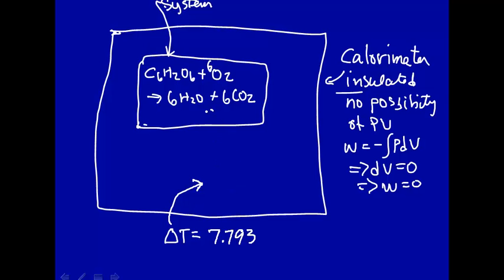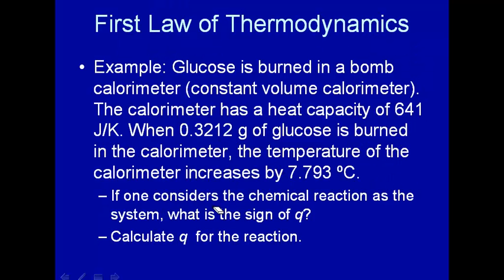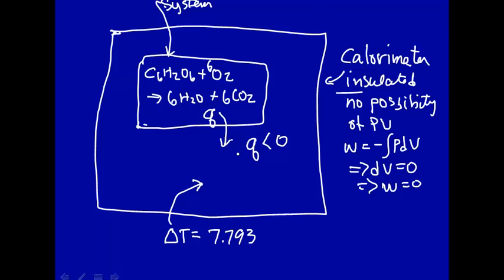For the temperature to go up, Q must have gone from the chemical reaction into the surroundings, into the calorimeter, in order to increase the temperature of the calorimeter. So if Q is lost from the system, and we're considering the chemical reaction as the system, Q is less than 0. Okay, and calculate Q for the reaction.